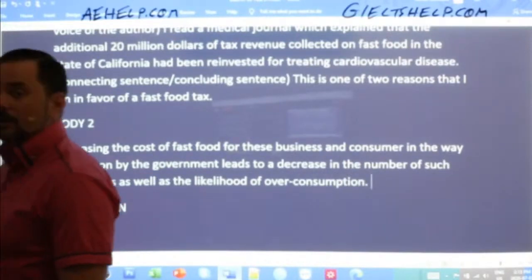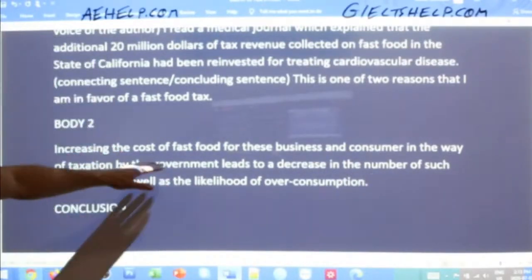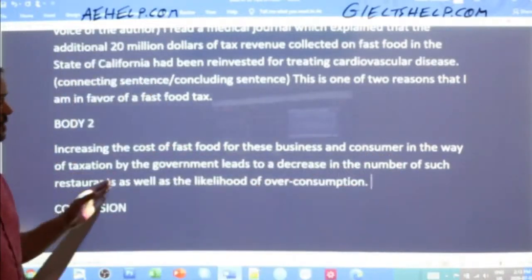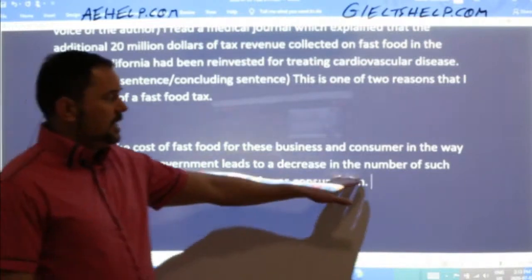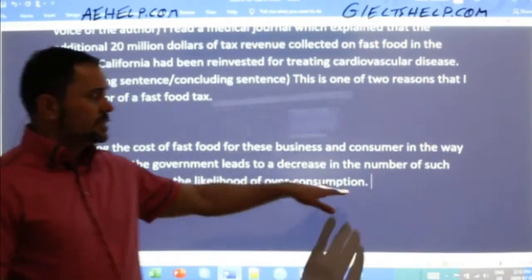Okay, so that would be my topic sentence there. Okay, so increasing the cost of fast food for these businesses and consumers in the way of taxation by the government leads to a decrease in the number of such restaurants as well as the likelihood of overconsumption.